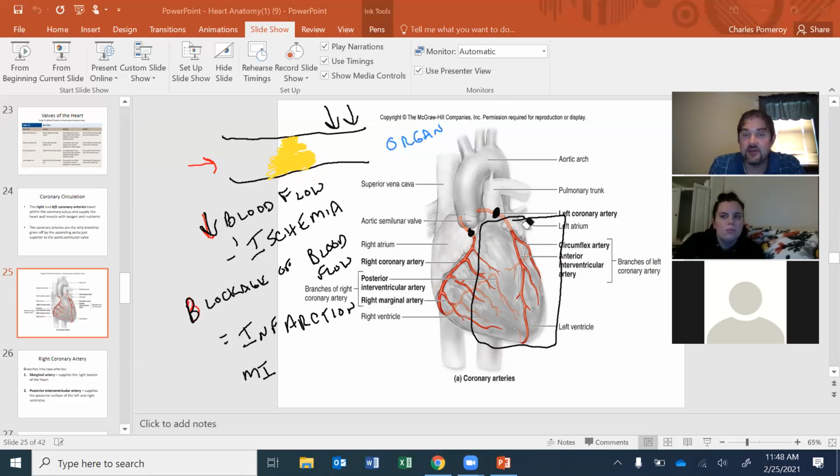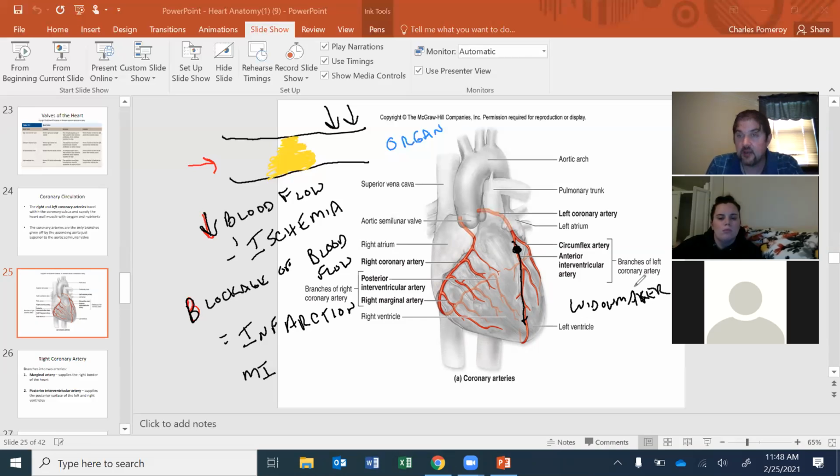There's actually another one, a branch off the left coronary, and it's this guy right here coming down the front of the heart. If you get a blockage in him, that a lot of times causes a massive heart attack. He's commonly called the widowmaker artery, because men are more prone to getting cardiovascular disease and having heart attacks because of plaque buildup.